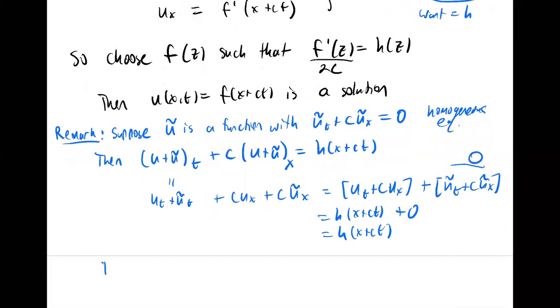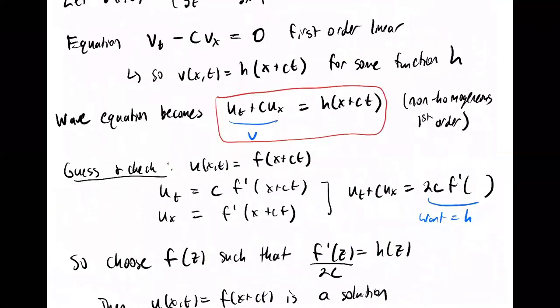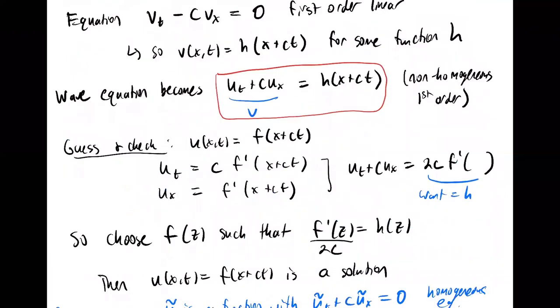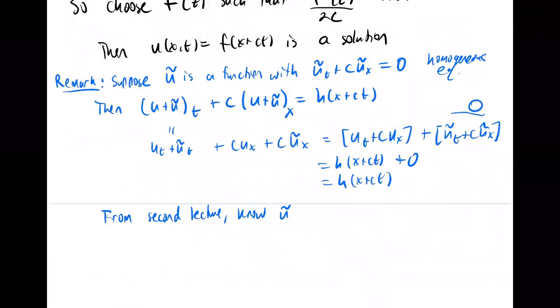And so from the second lecture, well, we know that this u tilde is a solution to the PDE derivative with respect to t plus c times derivative with respect to x is equal to 0. Well, we know that the general solution for that was some function g of x minus ct for some g, right?